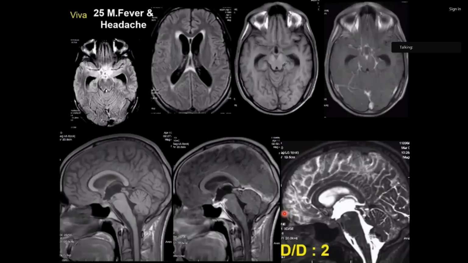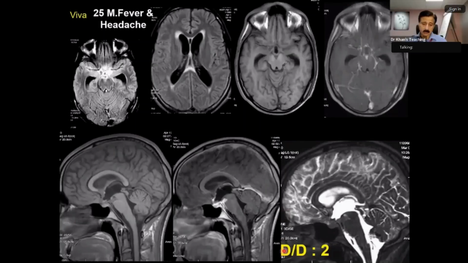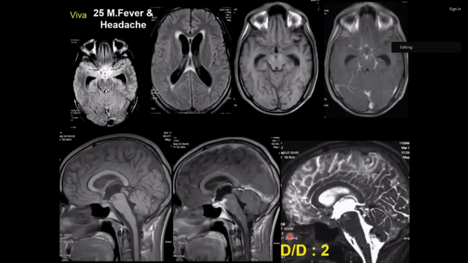I can also see supratentorial hydrocephalic changes. I can also see high FLAIR signal intensity, bilateral and symmetrical, surrounding the frontal and occipital horns. Excellent. Conclusion? The conclusion is basal meningitis, maybe tuberculous meningitis, maybe pyogenic meningitis, complicated by hydrocephalus.